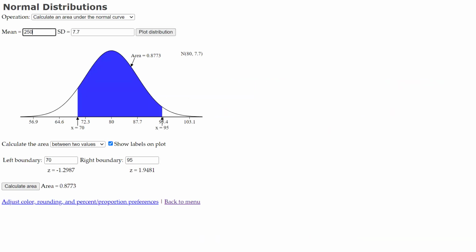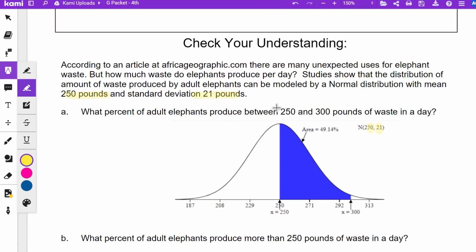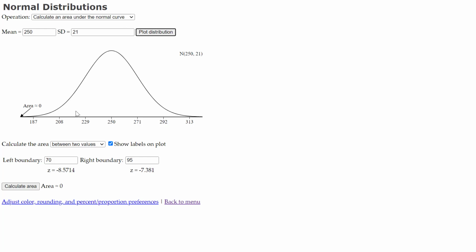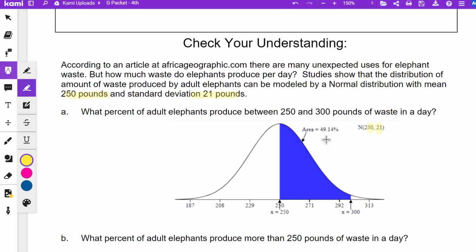You do 250, 21. Plot the distribution. It changes now. And we want 250 to 300. Calculate area. And there I get 0.4914 or 49.14%.